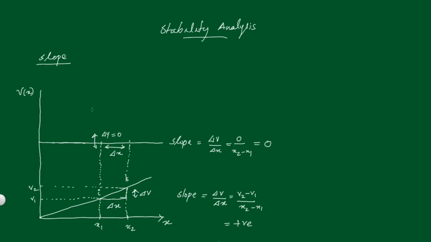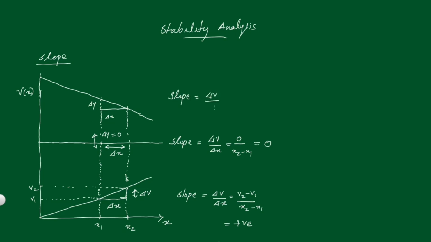Now another condition. Now v of x is varying like this. Taking these points, these are the x1 and x2 positions. Here delta x is this one, and delta v is this one. Now what is the slope here?